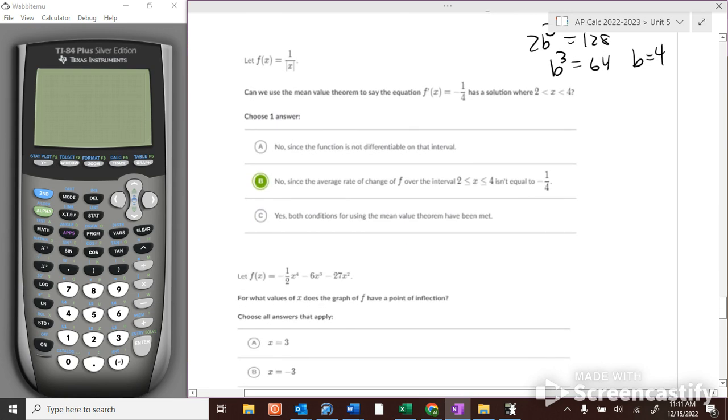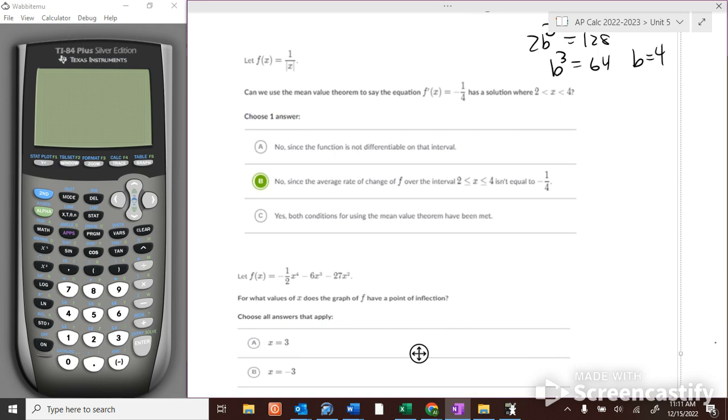This one I already answered. Can you use the mean value theorem to say this equation has a solution between 2 and 4? So we know the first derivative is this, okay?